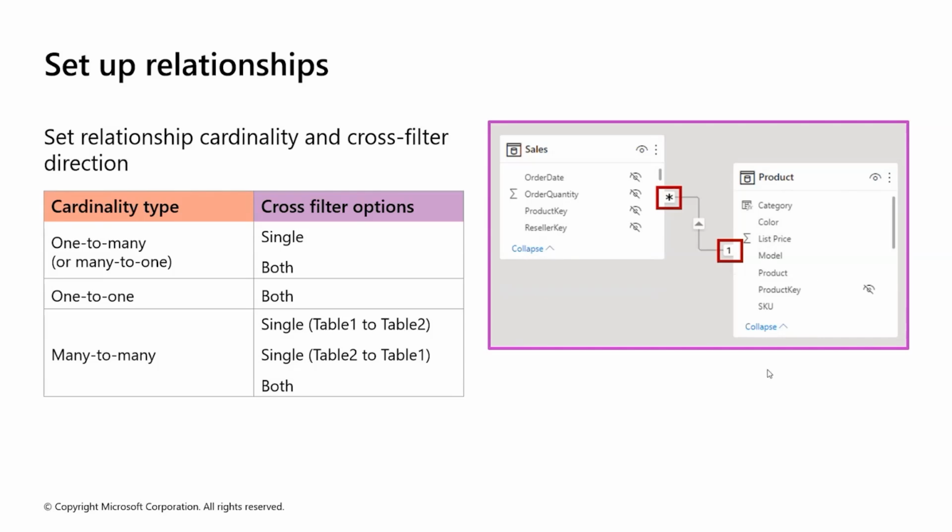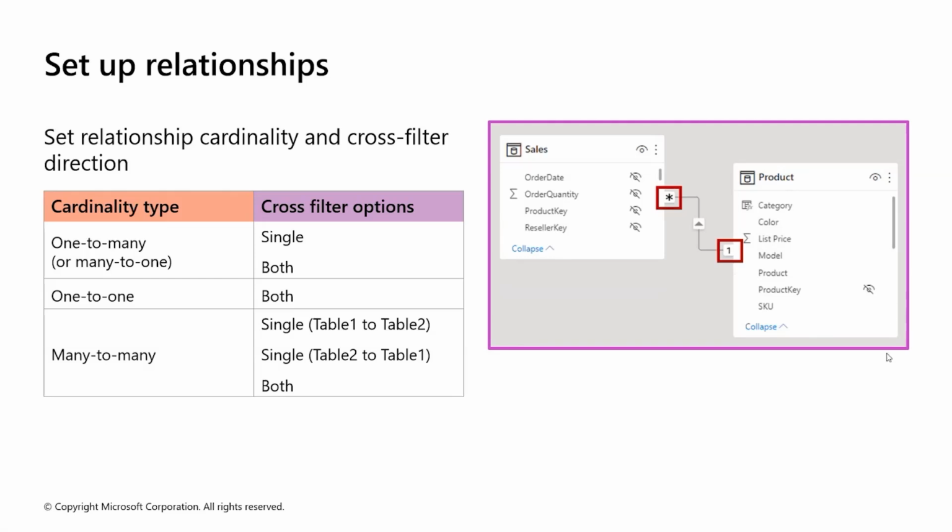So the one to many and many to one cardinality options are the same, and they are also the most common cardinality types. Now, when configuring a one to many or many to one relationship, we will choose the one that matches the order in which you relate the columns.